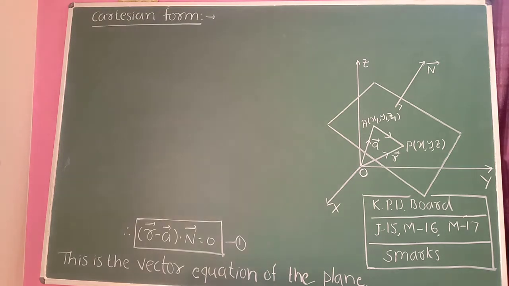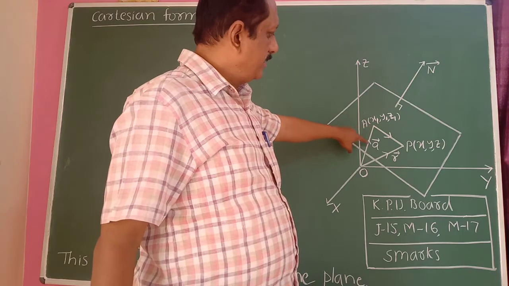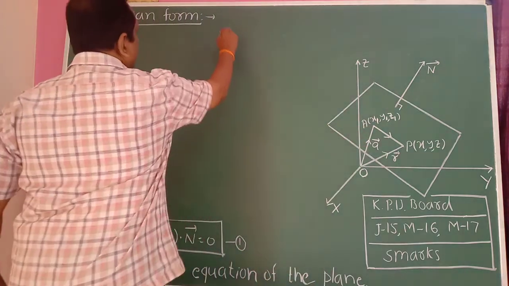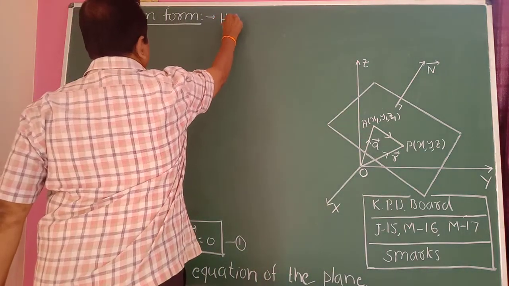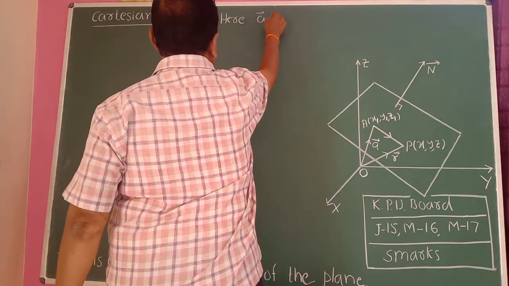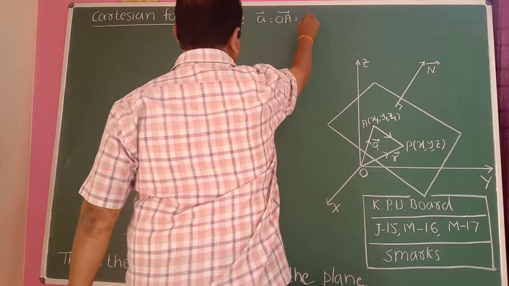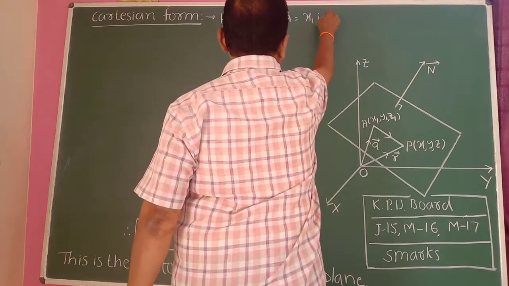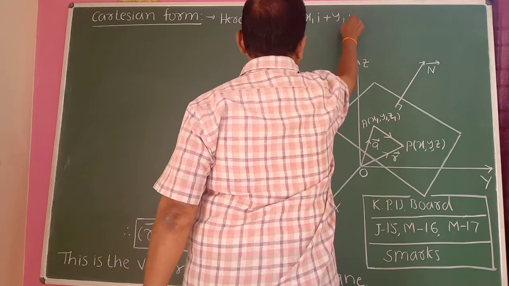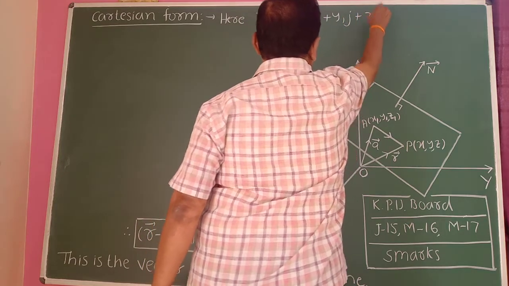So next, the Cartesian form. The coordinates of the point A are (x1, y1, z1). Therefore the position vector OA bar is equal to x1 i plus y1 j plus z1 k.